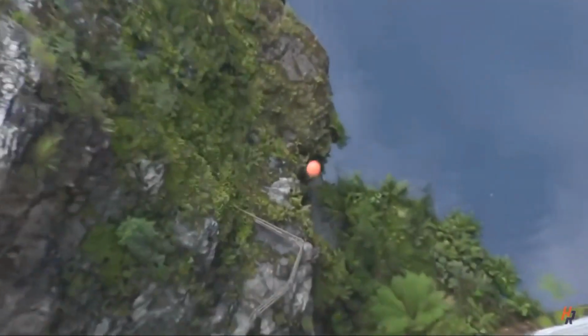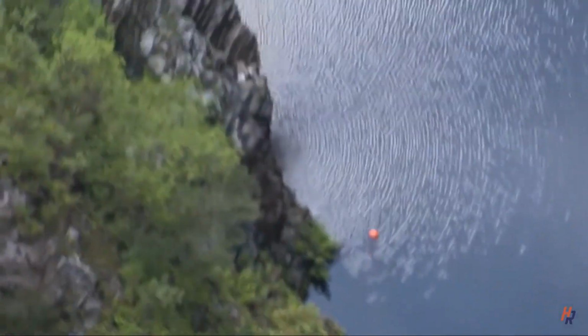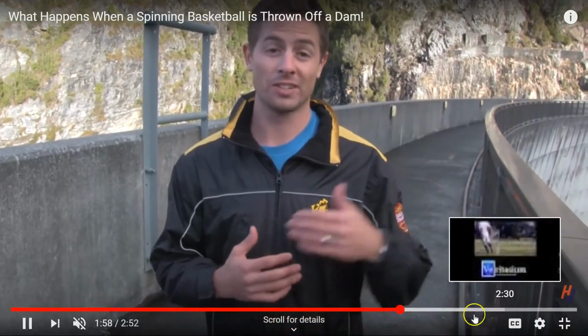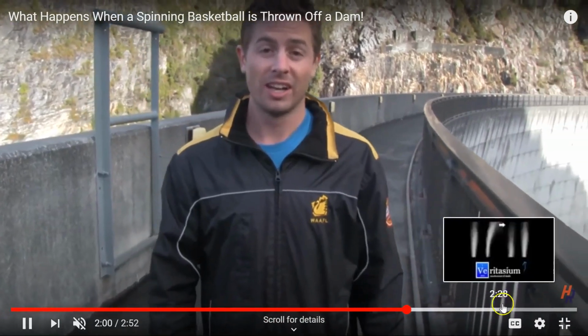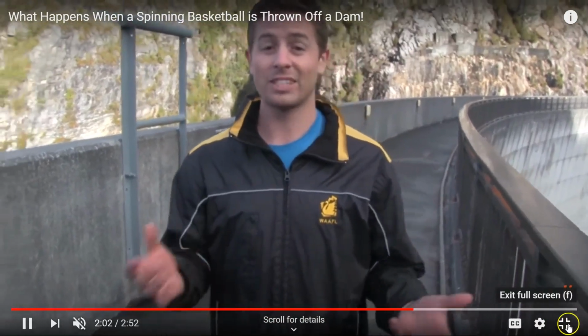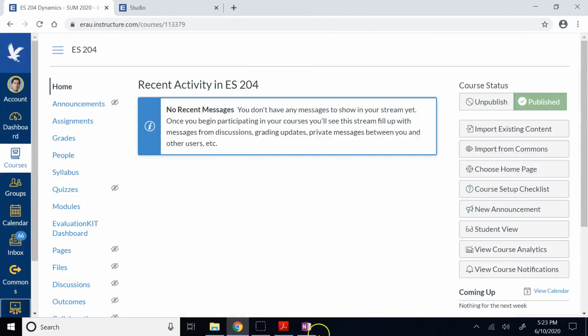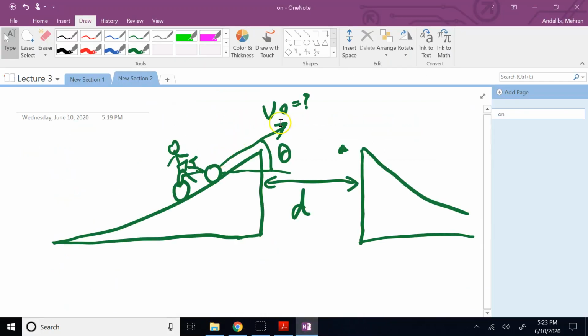So not always can you easily just neglect the effect of the air. Here we assume very simple cases, short travels. This is much more significant when it is a long trajectory. If you are throwing a basketball into the basket just a few feet away from you, it's not going to be a significant effect.